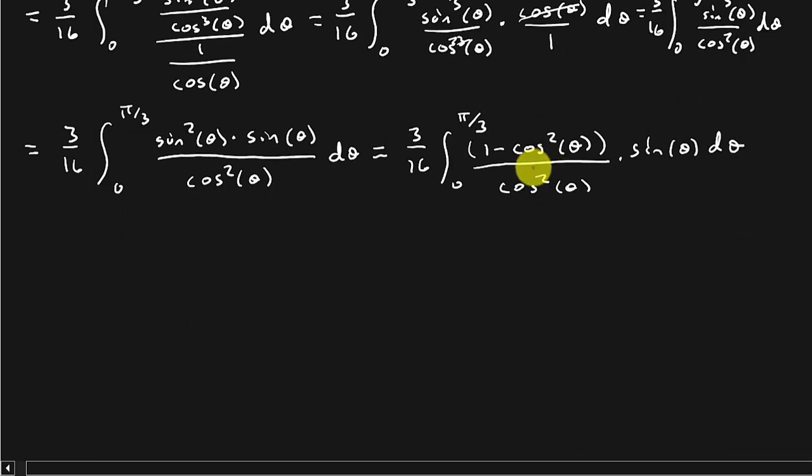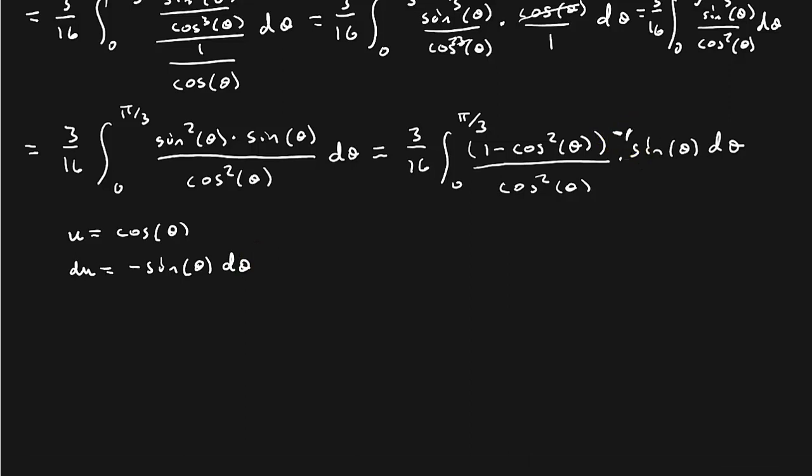Because look, what's the derivative of cosine? Derivative of cosine is negative sine. There's my negative sign. I can use u-substitution now. I just need a negative. And so what do we have here? I'm going to let u equal cosine theta. So du is negative sine theta d theta.